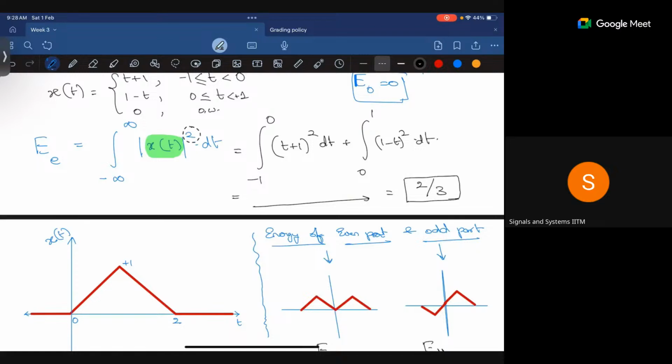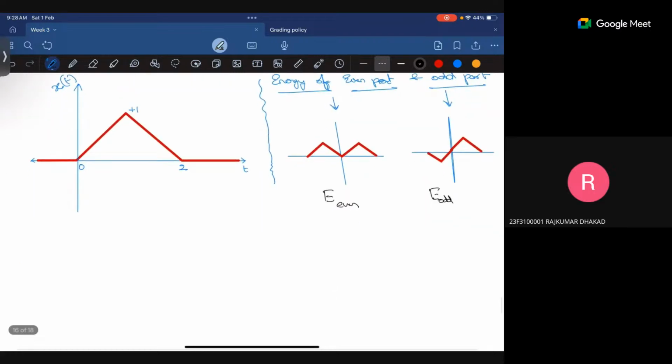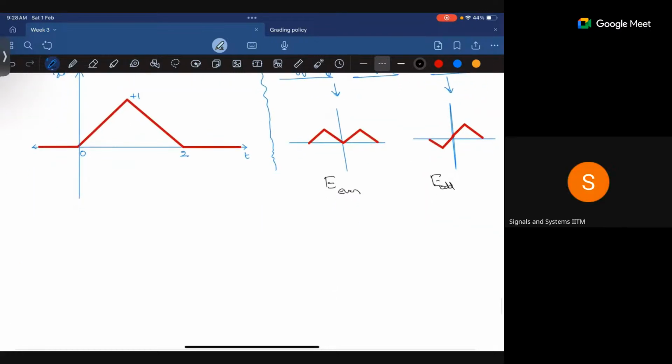You see a square term here. So the energy of the odd part equals the energy of the even part. There is no need to compute the energy of the odd signal once you have the energy of the even signal.